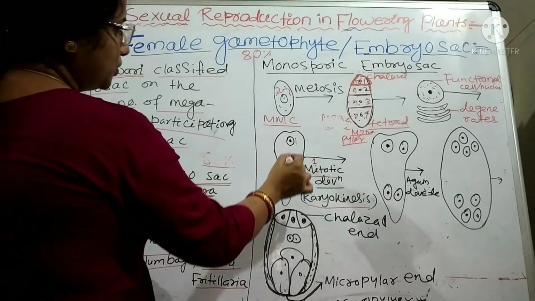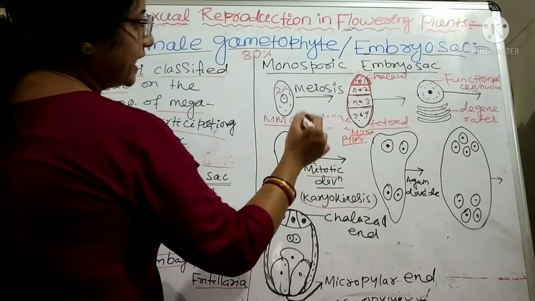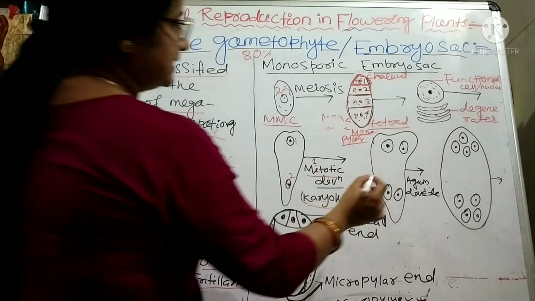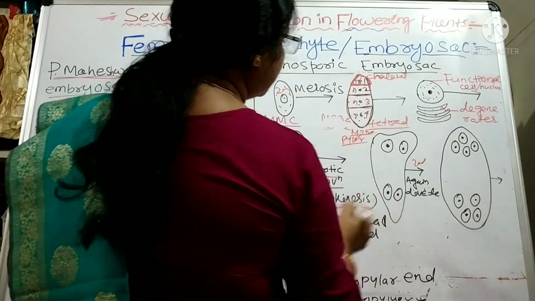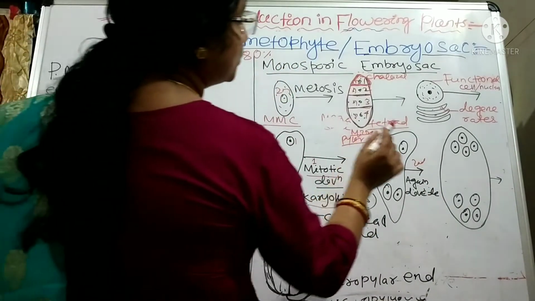Again the 2 nuclei divide mitotically, the second mitotic division, to form 4.